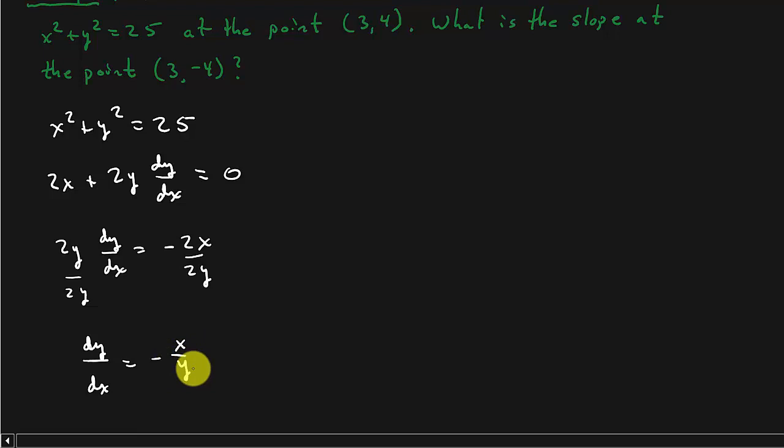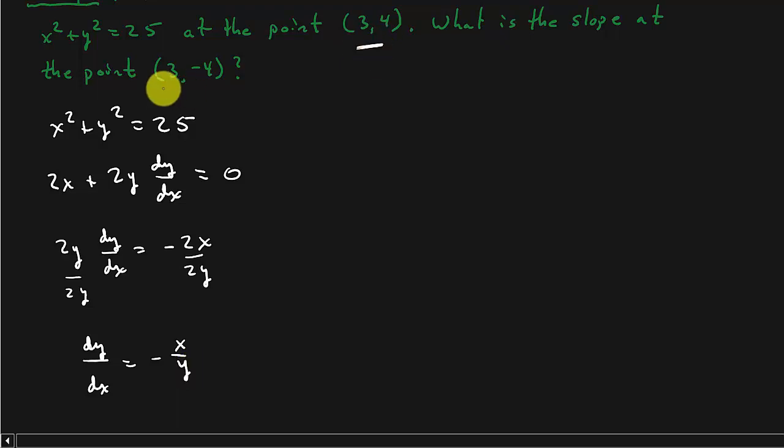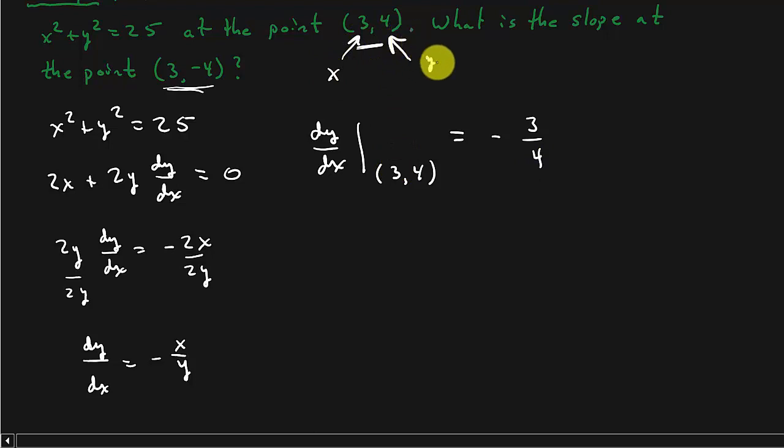Now they want me to find the slope at the point 3, 4 and the point 3, negative 4. So dy dx evaluated at the point 3, 4. Okay, I'm going to do this one first. So I'm just plugging it in. That's going to be negative. X is 3, y is 4. Remember, that's your x coordinate, and that's your y coordinate. Same thing here.